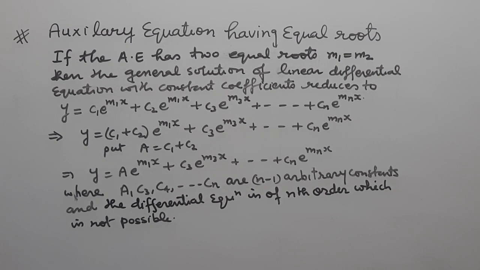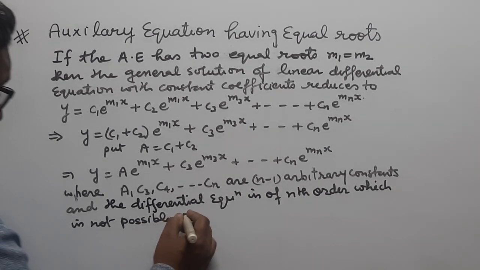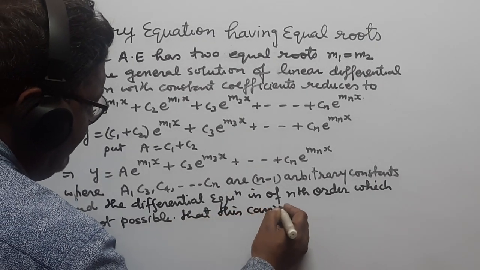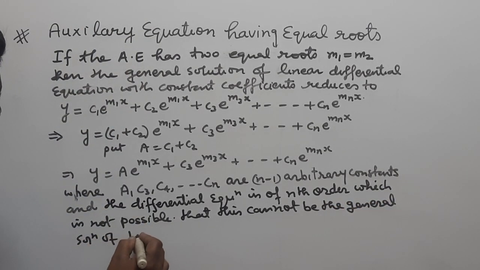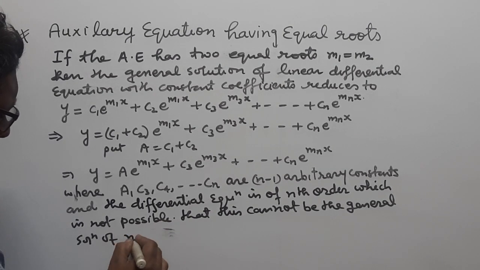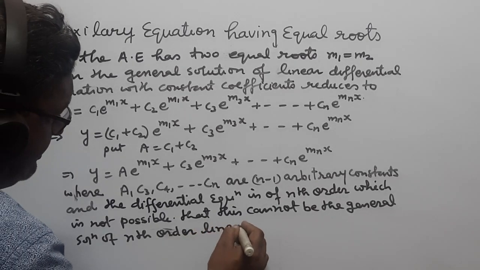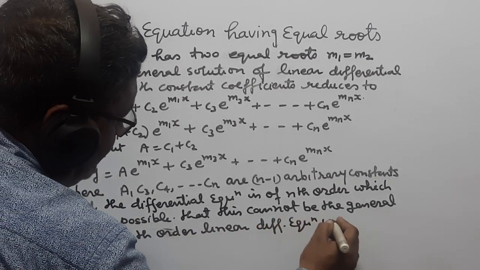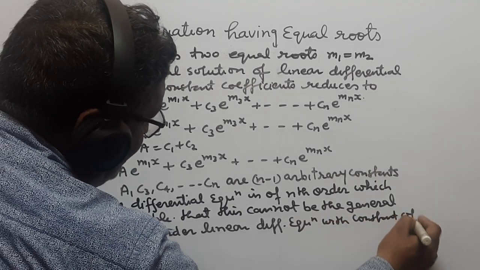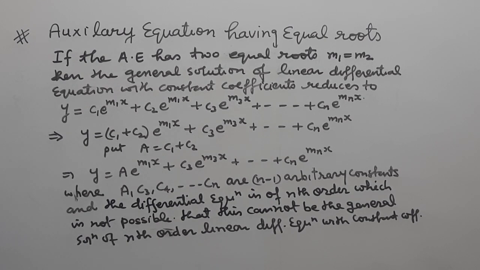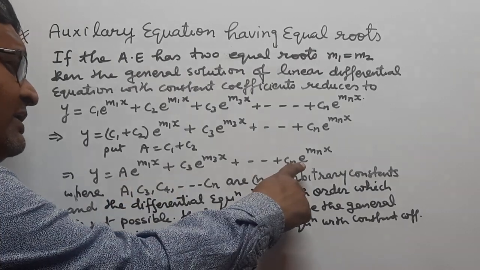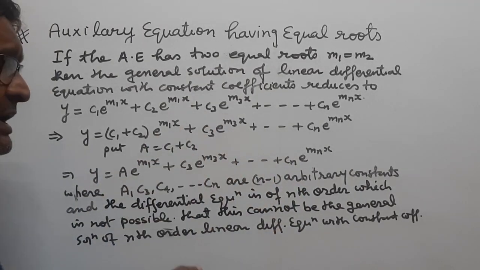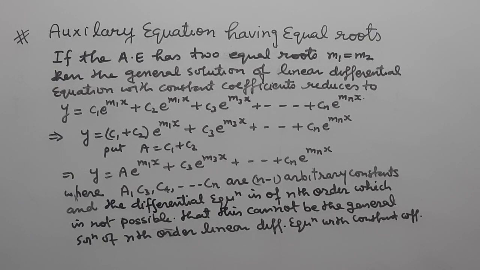This cannot be the general solution of the nth order linear differential equation with constant coefficients, because we know that the general solution always has n arbitrary constants, and here there are n minus 1. So this is not the general solution.